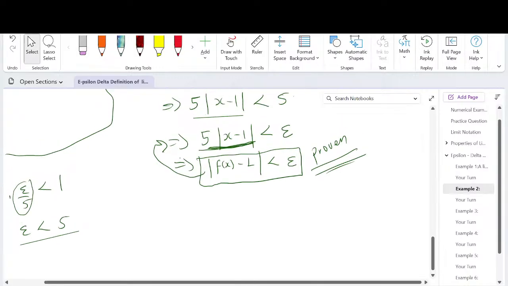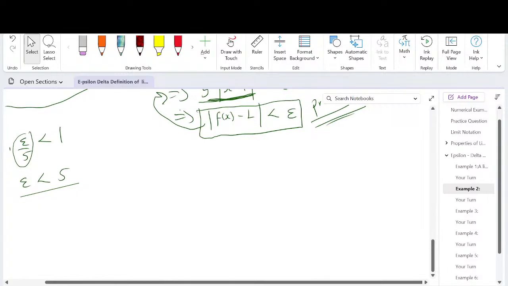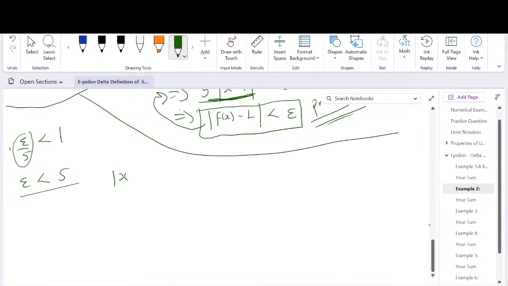So if you come to this expression here now, so if the absolute value of x minus 1 is less than 1, then up there, what we are trying to say now is that 5 times the absolute value of this one will be less than 5.